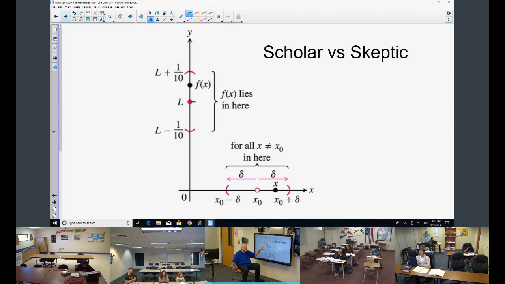What's your definition of hitting the limit? How far off can we be? A tenth? A hundredth? A millionth? See, however close you tell me I have to be, I can be. I can get a delta so that I can be within any specification you demand, any tolerance level that you have. I can do that. And the skeptic says, well, no, but you can't hit it exactly. And then the scholar says, look, I can get as close as you need me to be. Okay? And so then the debate continues.